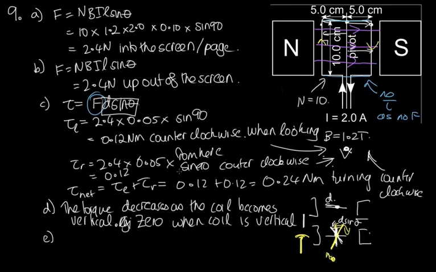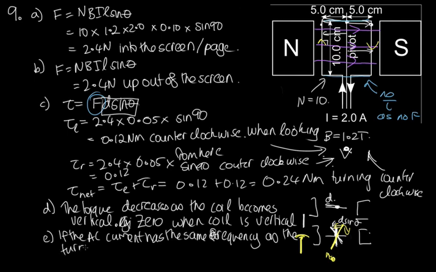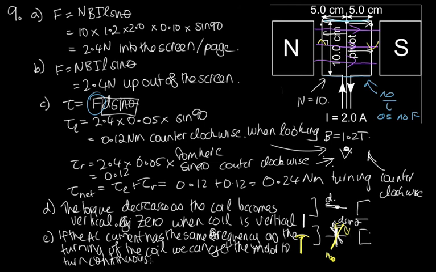So how to describe this? Let's say if the AC current has the same frequency as the turning of the coil, we can get the motor to turn continuously, which is in fact what they do when they're building motors.